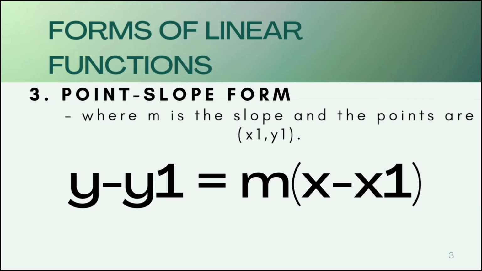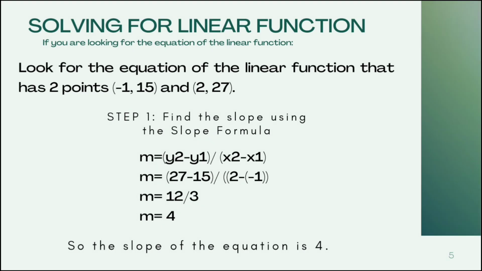Now on to the next part of the lesson, which is solving for the equation of the linear function. There are two steps. For example, look for the equation of the linear function that has the points (-1, 15) and (2, 27). Step 1. Find the slope using the slope formula.